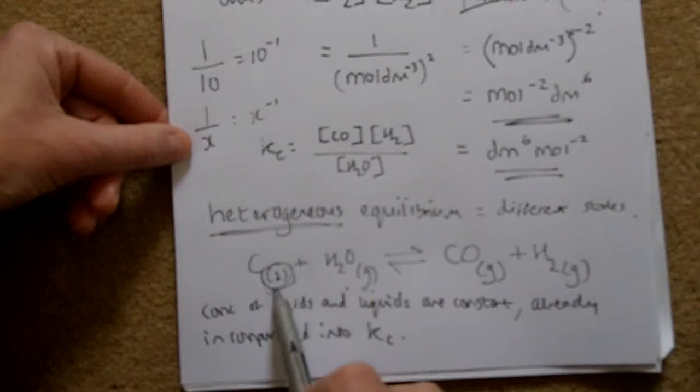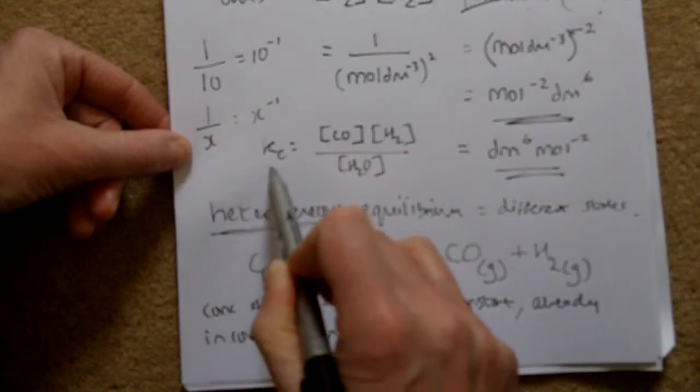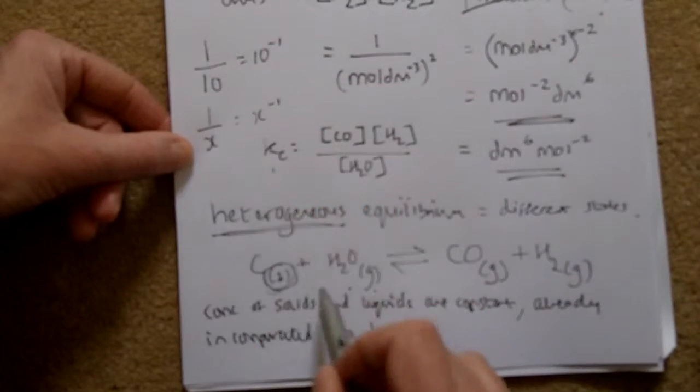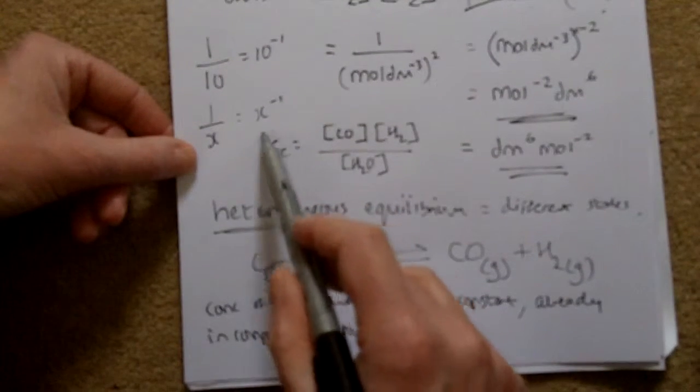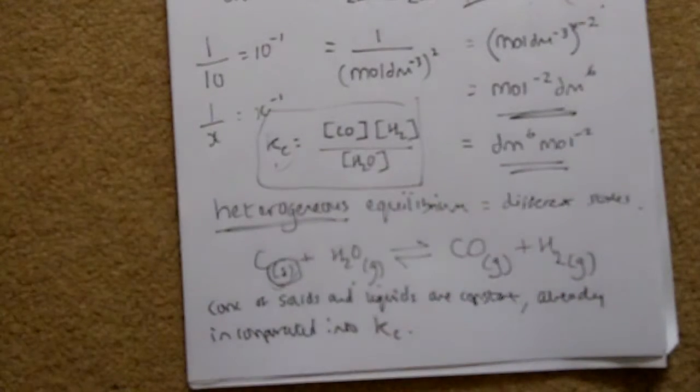The solid is constant, and is incorporated into Kc, because a constant and a constant is just a constant. So you've just got to watch out for that for heterogeneous equilibria.